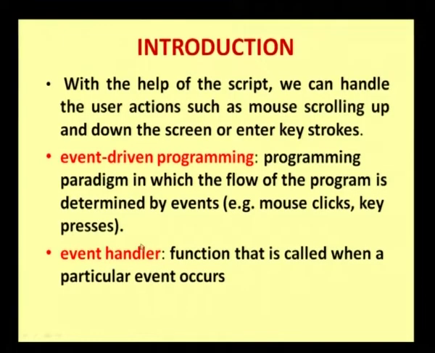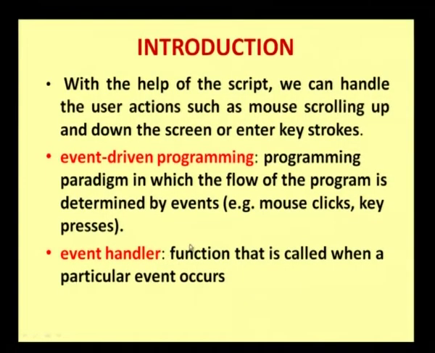Whenever the user has clicked something, some event should happen. So who is responsible for determining which event has occurred and what should be done when the button is clicked? The event handler is a function which is used to determine what a user has pressed and what action to be taken when the user pressed this.